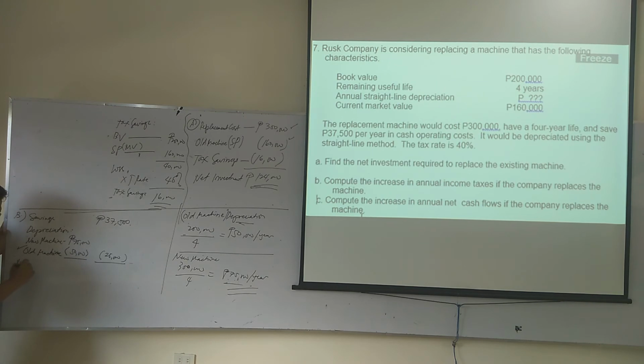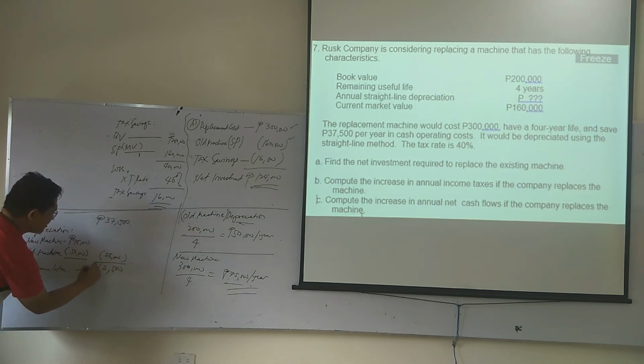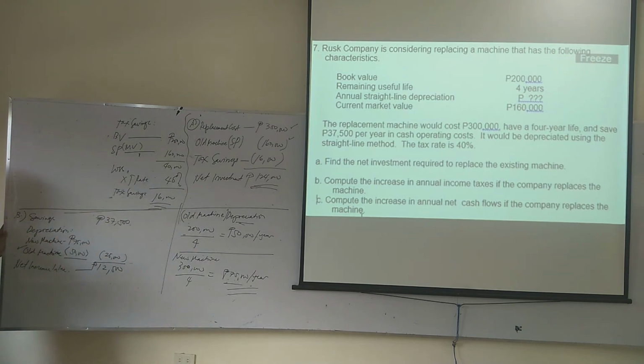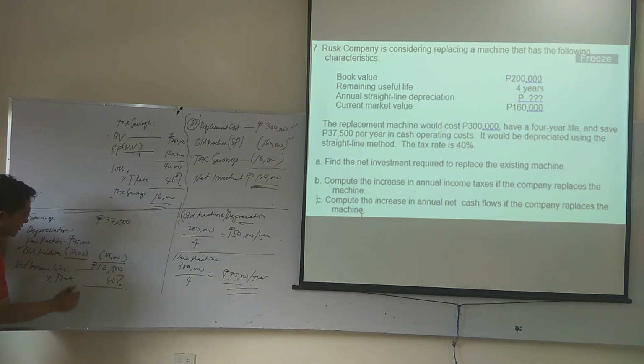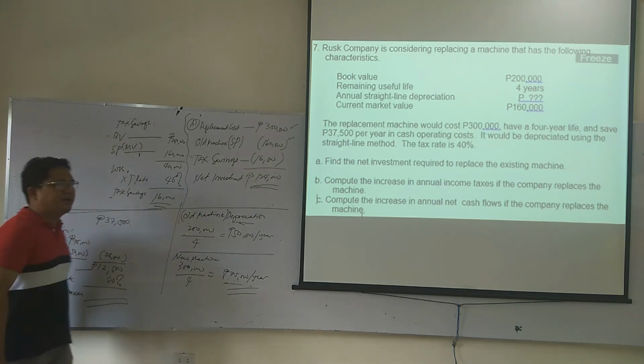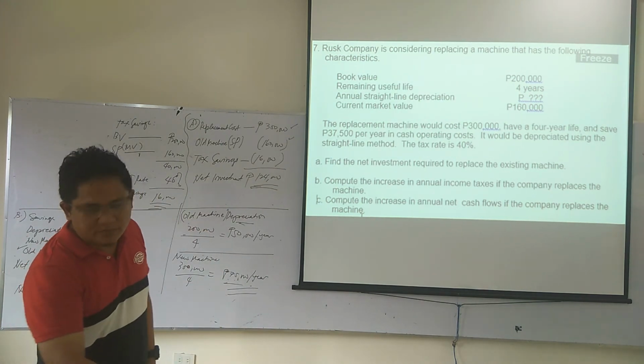So your net increase in income is 12,500. The net increase in income times our tax rate of 40% gives our net increase in taxes, which is 5,000.